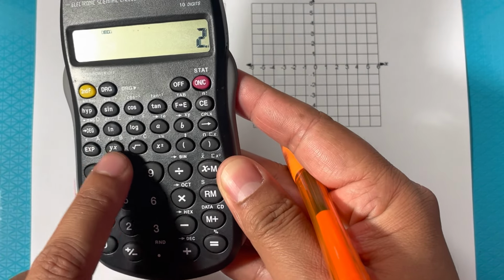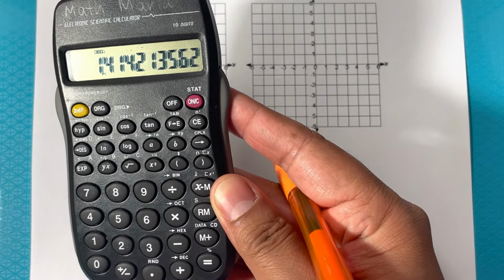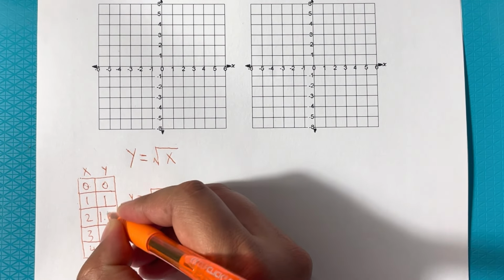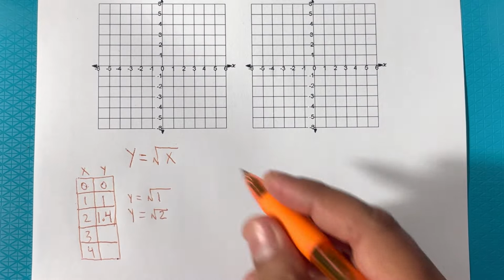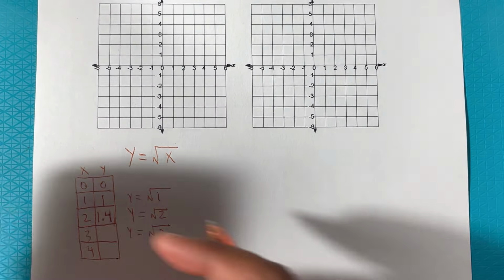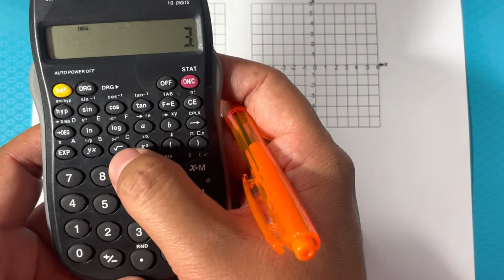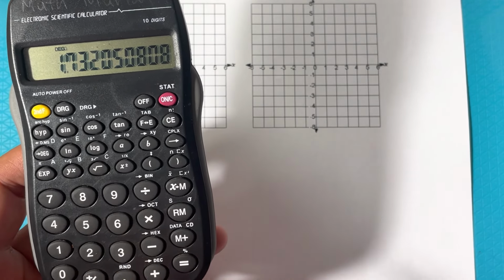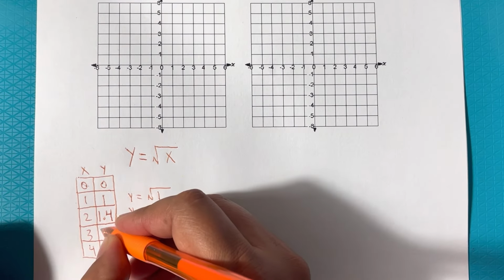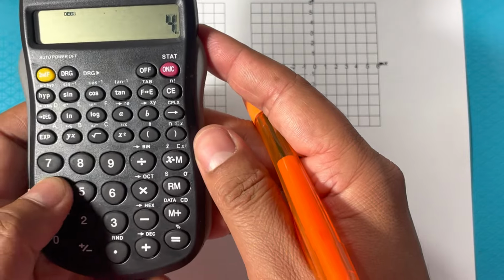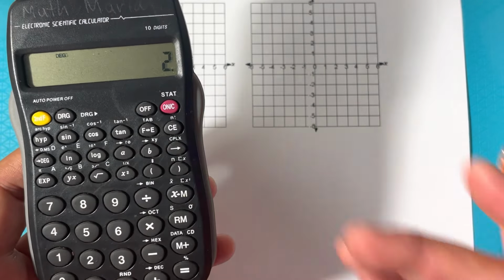You just put the 2 and press the square root in here, and it's 1.414. So about 1.4. Y equals the square root of 3. So we press 3 and press square root. In some calculators, first you have to press the square root and then the number. Okay, so 1.7. And the square root of 4 is 2.